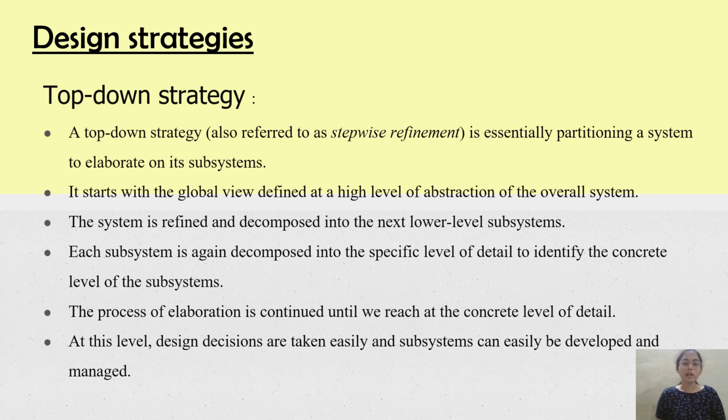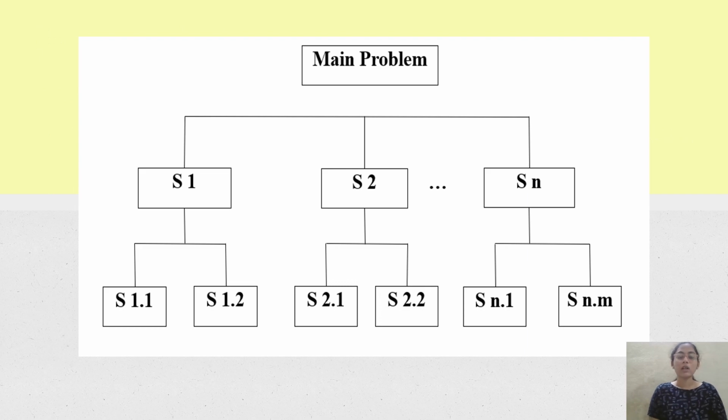Each subsystem is again decomposed into a specific level of detail to identify a concrete level of subsystem. The process of elaboration is continued until we reach the concrete level of detail. At this level, design decisions are taken easily and subsystems can easily be developed and managed.